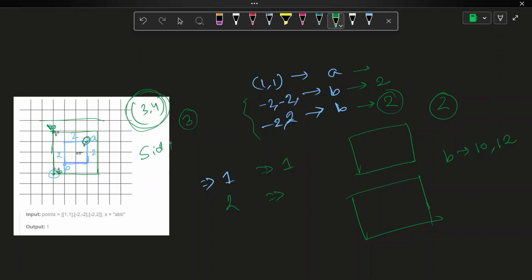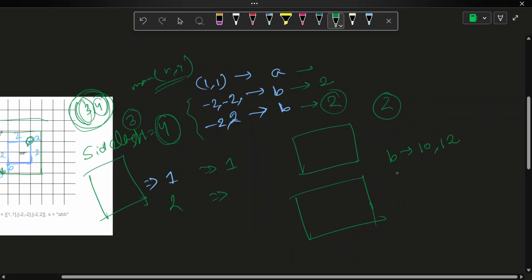The side length should be 4, because if I take 3, a 3 by 3 square, it will not come in, because one point will be above the square. So the side length should be 4, the maximum of x and y. This should be our side length. One observation is clear.